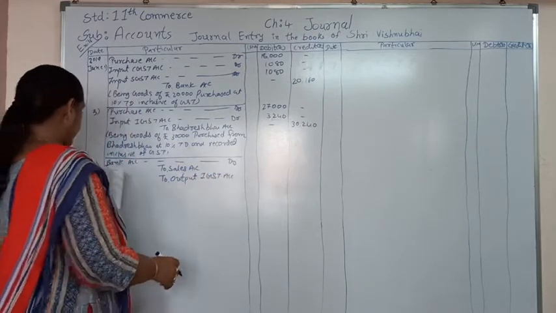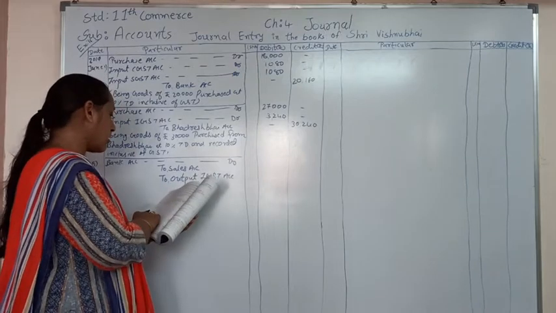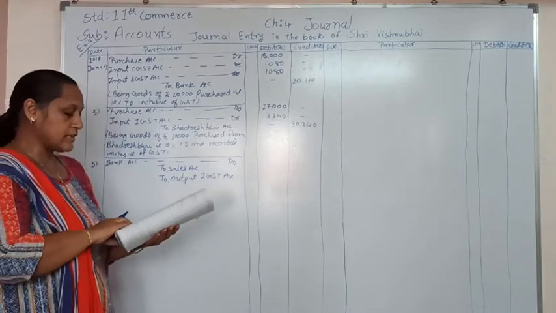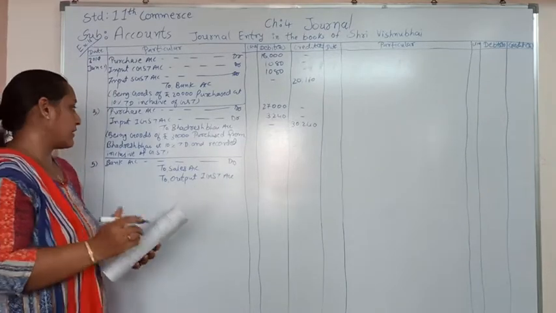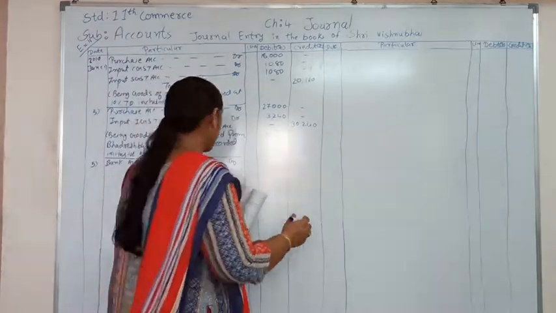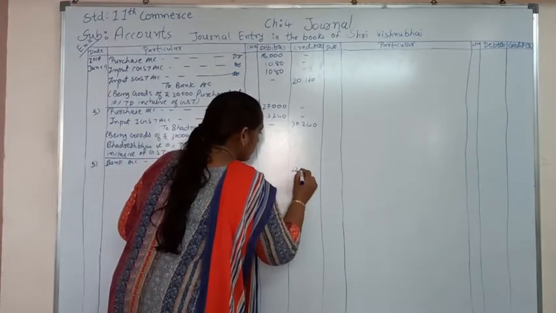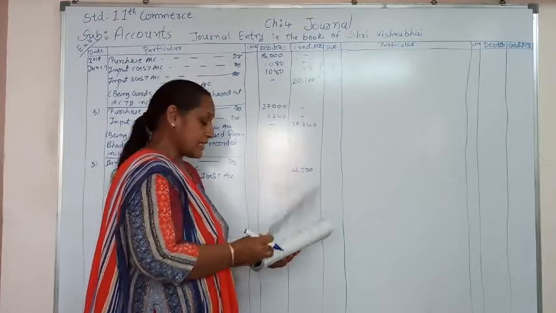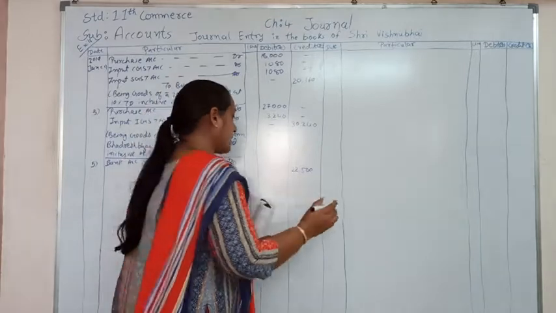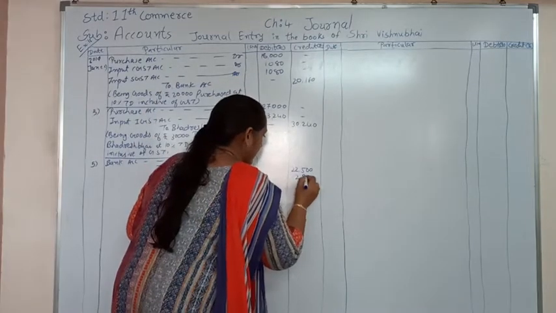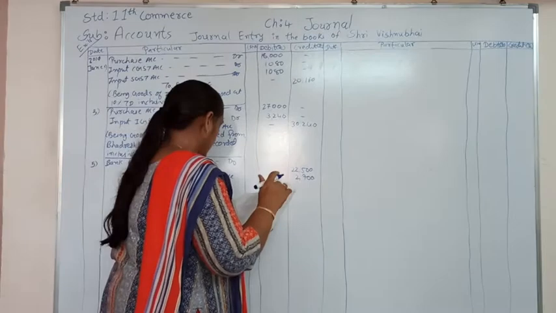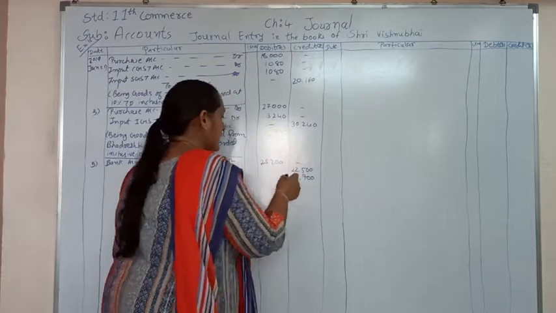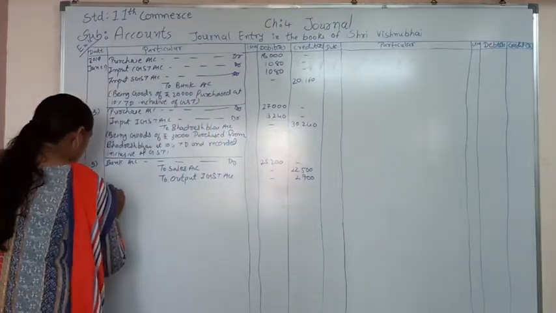Here we have sold goods of rupees 25,000, and on that there is a trade discount of 10%, so the amount will be 22,500, and on that IGST is 12%. So 12% will be 2,700, and the total amount that we are going to take to the bank will be 25,200. So this is how we calculate the total.